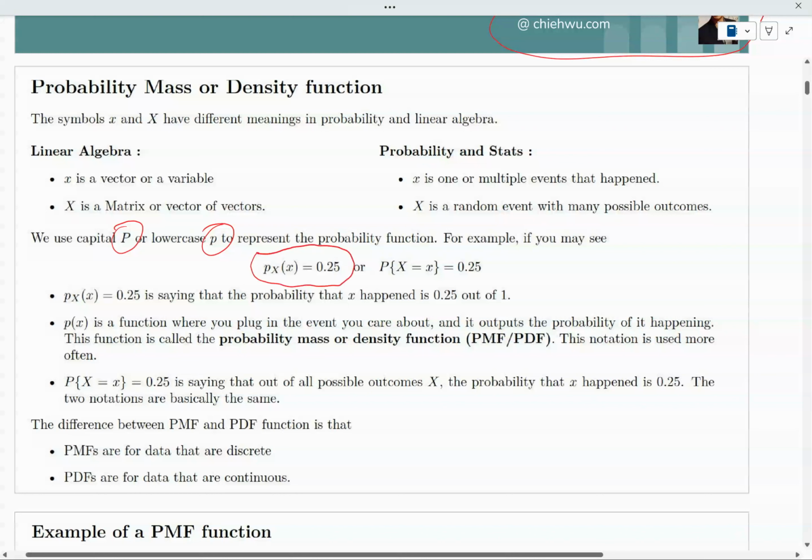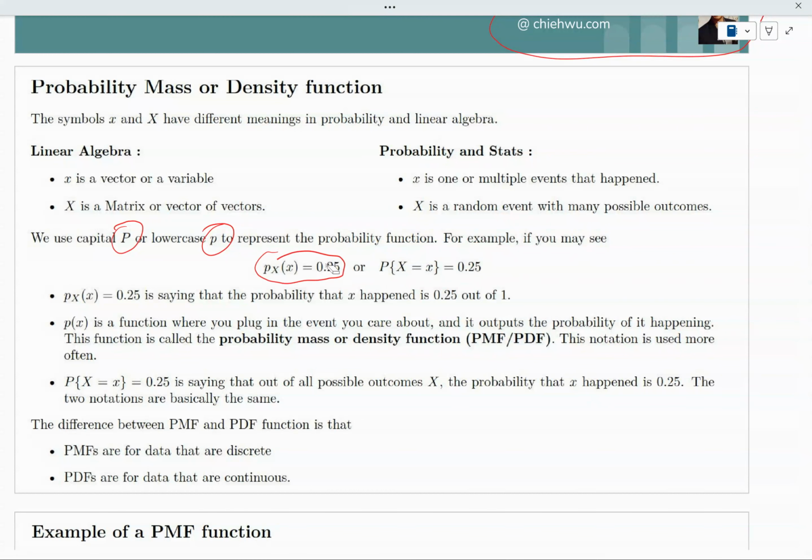So it's 25%. Now, over here is another way of saying exactly the same thing with a capital P. The probability that X happens out of all the possibilities in capital X is 0.25. So these two things are basically saying the same thing. Most of the time, we prefer to use this notation since it's shorthand.